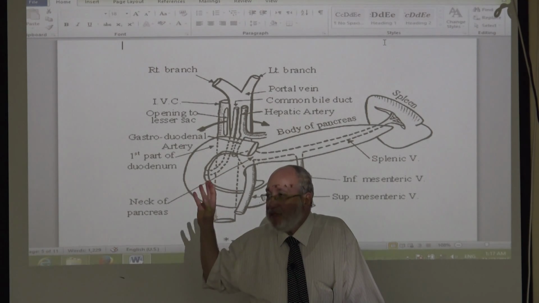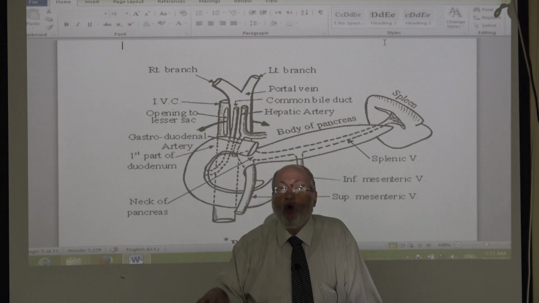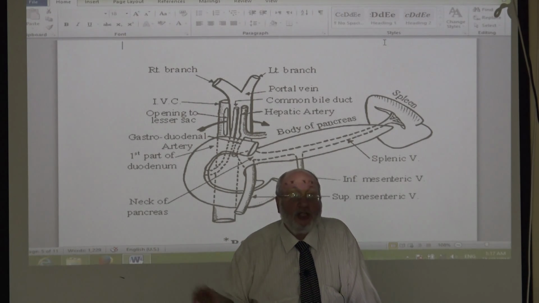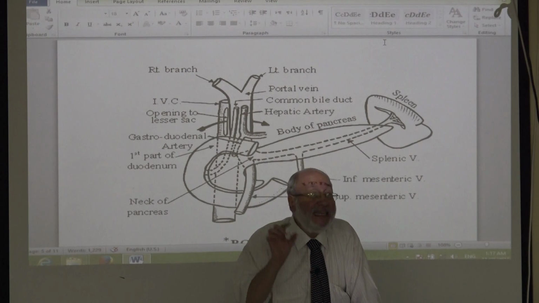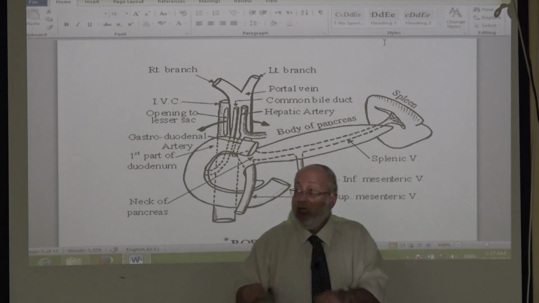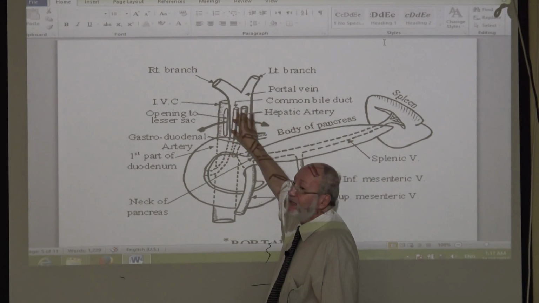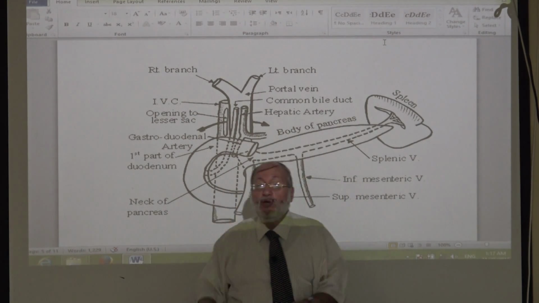This is the principle of an old operation called portocaval shunt. We make a surgical connection by operation between the portal vein and the inferior vena cava to lower the portal venous pressure.